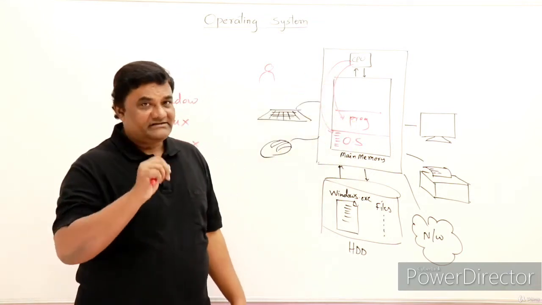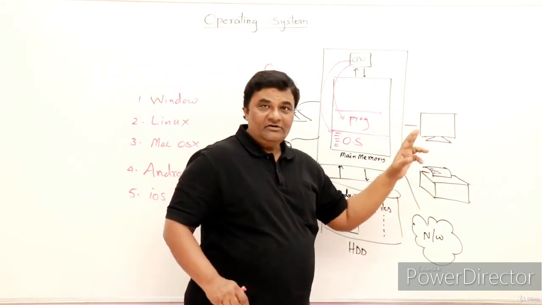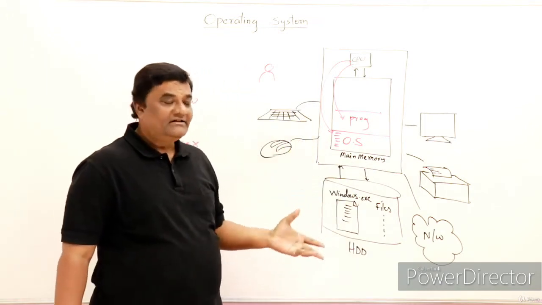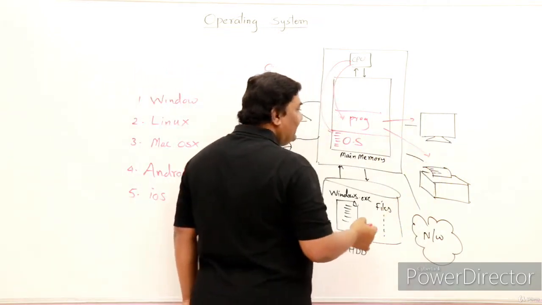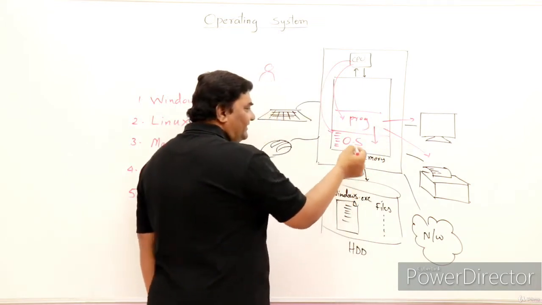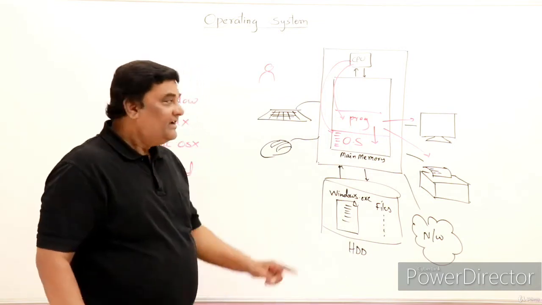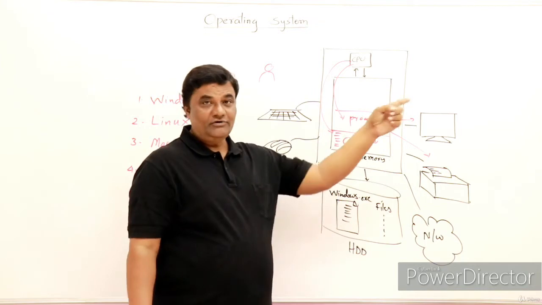Now, the last thing: when a program is accessing a monitor, printer, network or anything, the program cannot directly access anything. It has to make a request to the operating system. If it has to display something on the monitor, it should ask the operating system that it wants to display this.